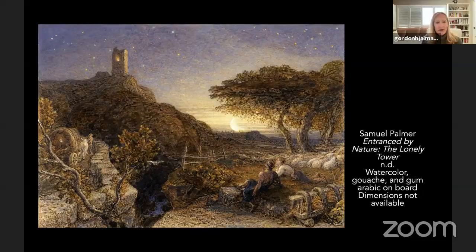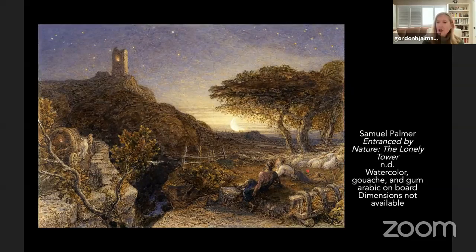And then we have a figure across a chasm, and we have an owl flying out of the chasm, and then we have the sheep, because like Constable, Palmer talked a lot about nature, farming, and you see a lot of times elements of farming would be incorporated into his painting. So this is based on John Milton from 1640. It is sort of this divine knowledge and spirituality that we hope to gain.